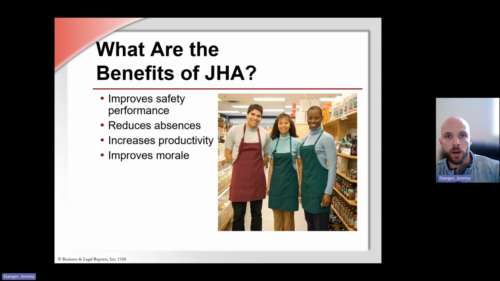I like to do my JHAs a little bit of both. You need to go out onto the shop floor, manufacturing area, wherever you work, run through the actual job step by step, at least discuss it if you can, and then maybe go back to the classroom or office and articulate that down on the JHA form.